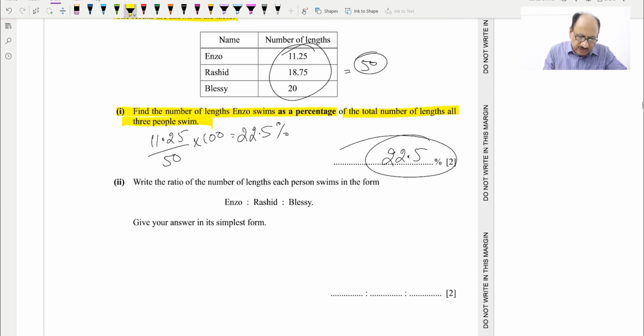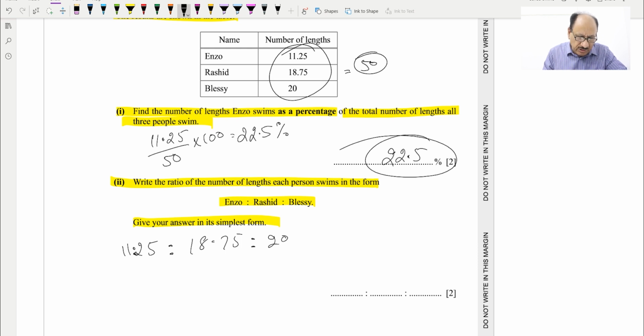Now second part says write the ratio of the number of lengths each person swims in the form of this one. Give your answer in its simplest form. So we can write 11.25 ratio 18.75 and ratio 20.